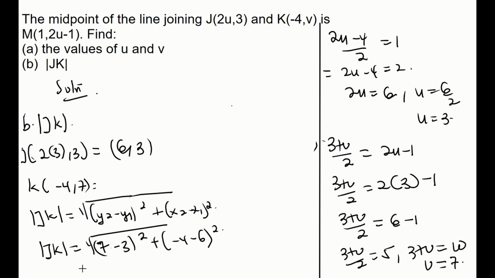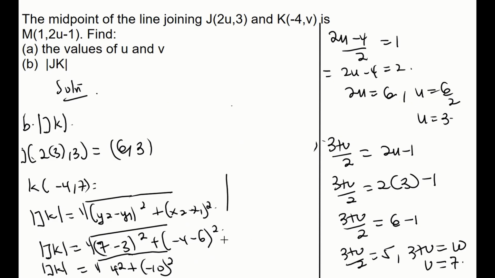Alright, so we can see that the magnitude of JK is going to give us the square root of 4 squared plus minus 10 squared.